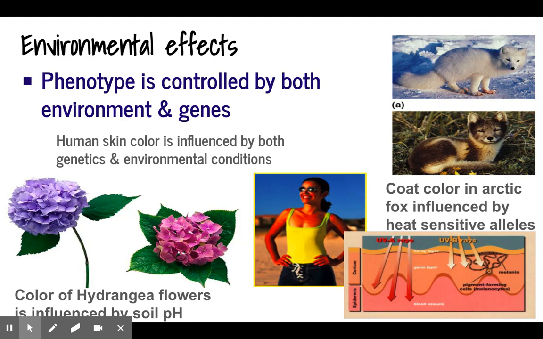So, if you have a lot of melanin, you have dark skin. If you live around the equator where the environment is warm and you're subjected to the sun a lot, darker skin equals a reproductive advantage. Why? Because if you have a lot of melanin, it protects you from the sun, which would then protect you from skin cancer.